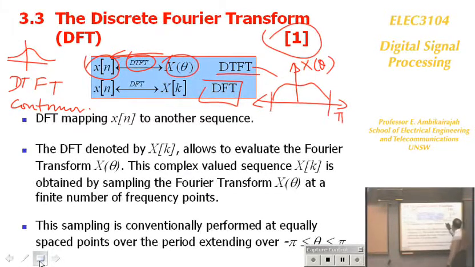Now I can find the way of finding values of x theta. And if I can record those values, the output is not continuous, but it's a discrete value.